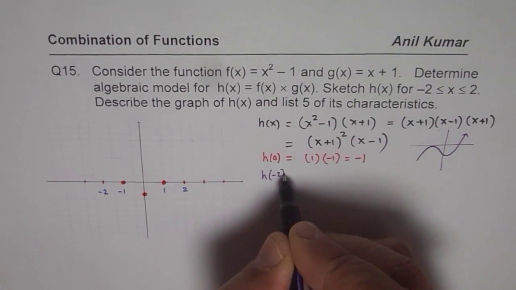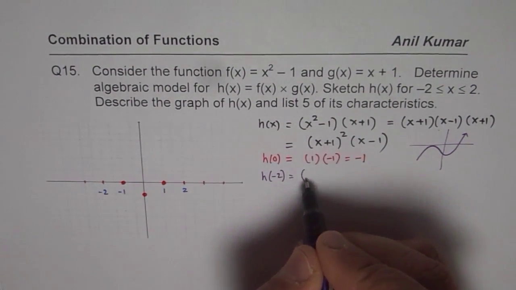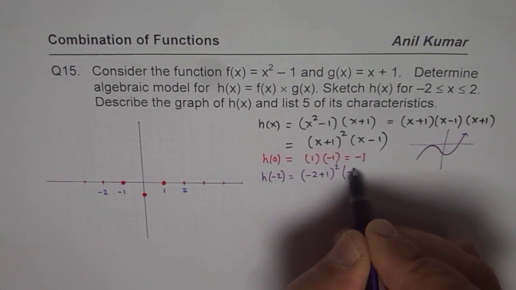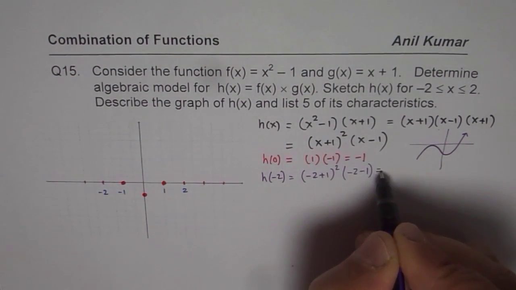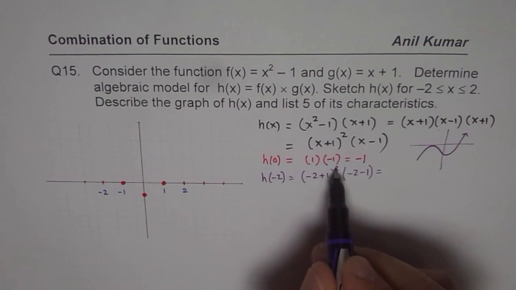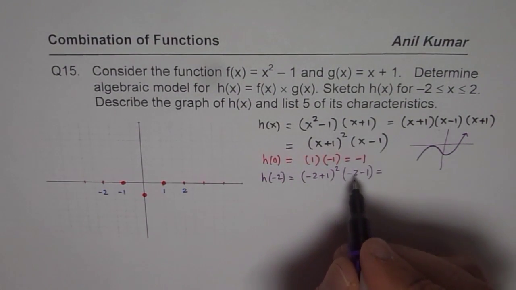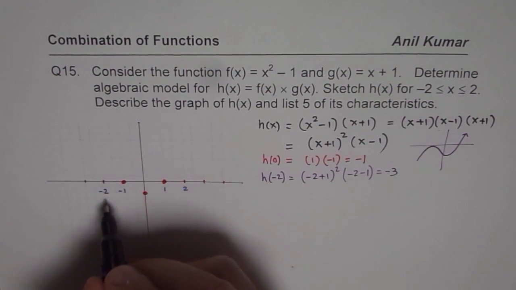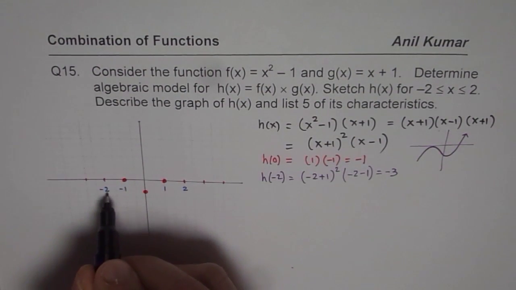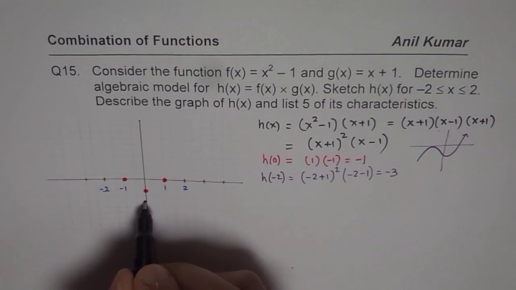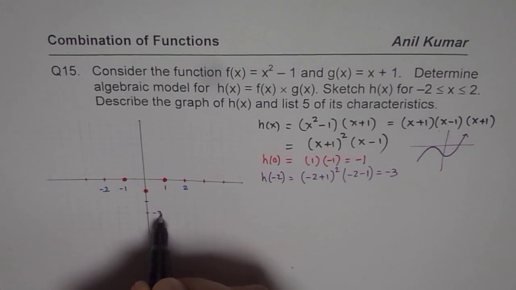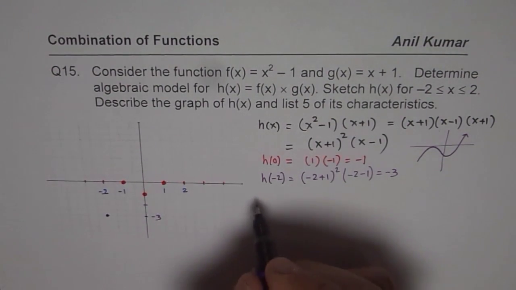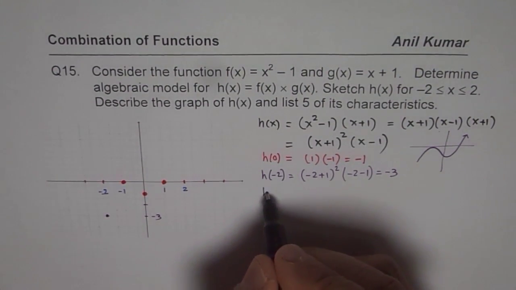At minus 2, if I substitute minus 2 here, minus 2 plus 1, you can use your calculator and then write down the answer. So this is 1 positive, and here we have minus 3, so we get minus 3. So at minus 2 we have minus 3.